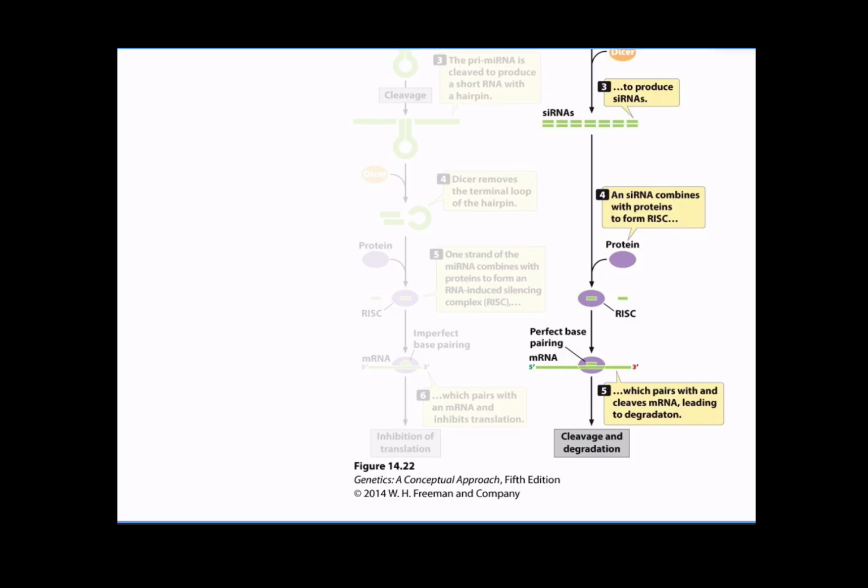It will actually go ahead and cleave the mRNA. So this mRNA gets cut. Moreover, when you have inhibition by siRNA, it's usually not one siRNA that maps to a given mRNA, it's several of them. So these mRNAs get literally chopped up into smaller pieces.